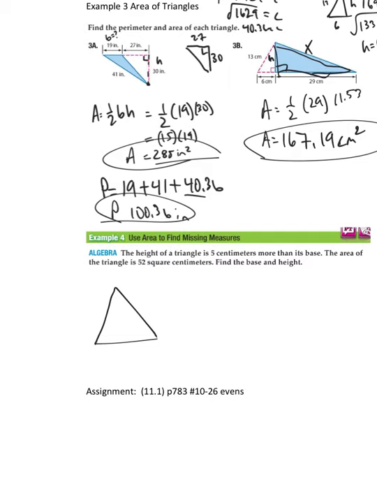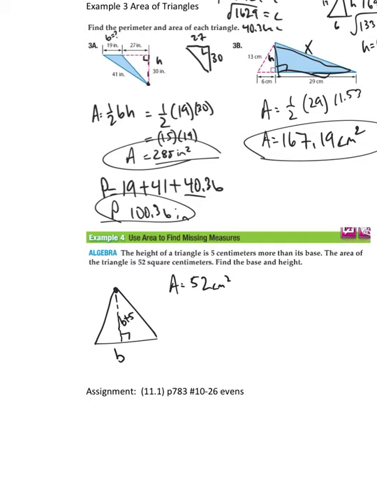Thank you guys for bearing with me on this as I learn. So let's call this our base. Guys, the height, that altitude drawn there, is 5 centimeters more, so it's going to be b plus 5. The area of the triangle is 52 centimeters squared. Find the base and the height.